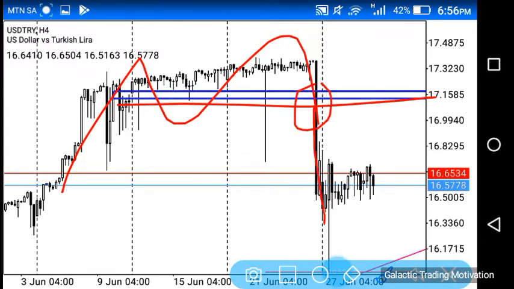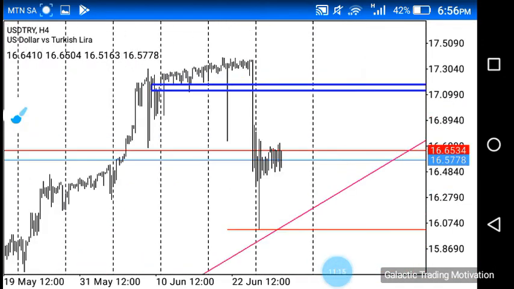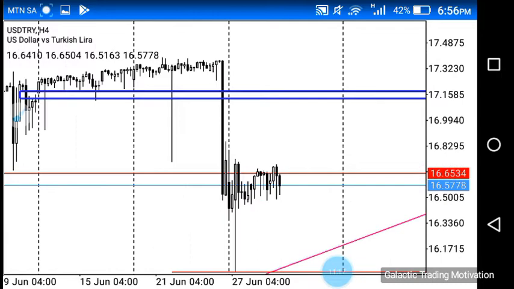However, we're yet to see a retest of the neckline. So because the neckline has been broken, price may from where it is push up to this point to retest the neckline and then push further down to grab the liquidity that's sitting below, right? That's one of the possibilities that we need to keep in mind.